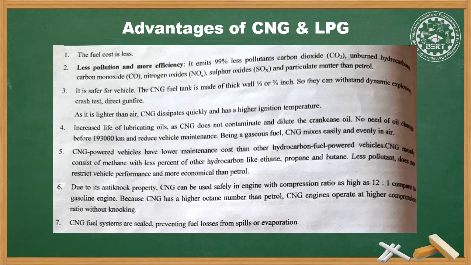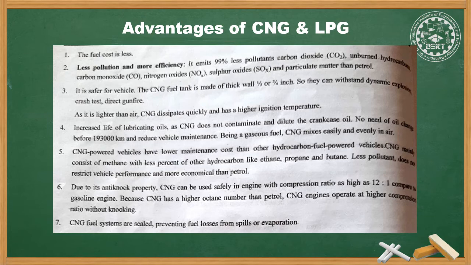Being a gaseous fuel, CNG mixes evenly and easily in the air. CNG powered vehicles have lower maintenance cost than other hydrocarbon fuel powered vehicles. CNG mainly consists of methane with small percentages of other hydrocarbons like ethane, propane and butane. Less pollutant, does not restrict vehicle performance and more economical than petrol.